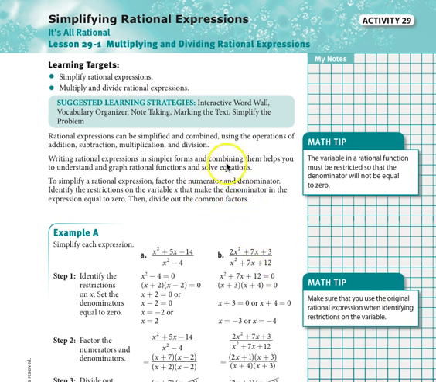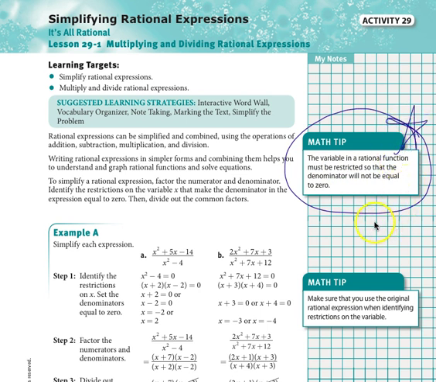It is really important to note that we do have to do a restriction. We talked about restrictions when we did inverses, in that we had to restrict the inverse to make sure that it matched up with the original. Here we have a different type of restriction, and that's what's in this math tip box right here.